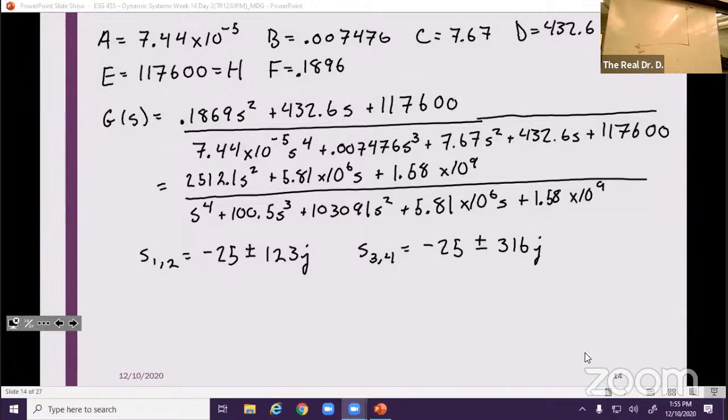So we got 2 sets of complex conjugate roots out, right?